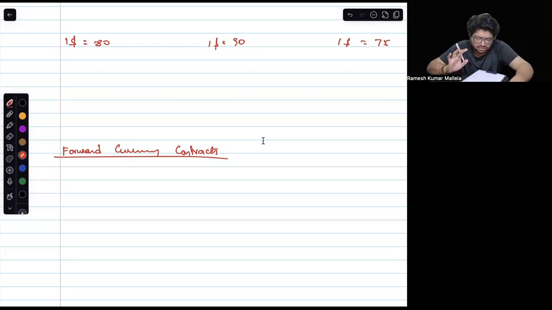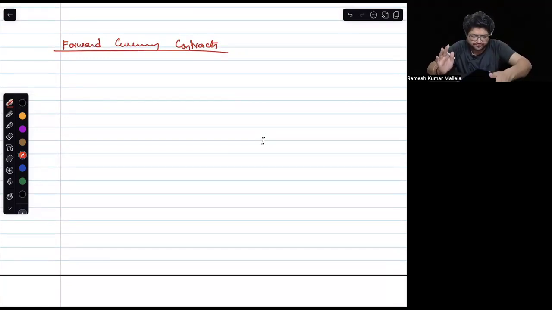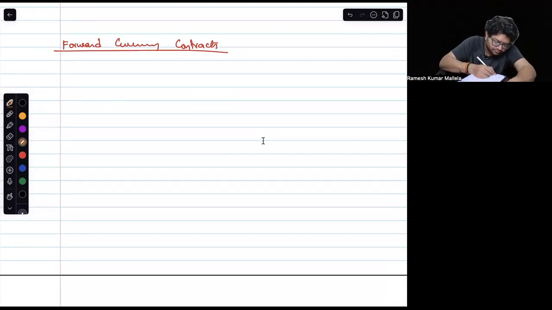Before explaining what forward contracts are, I will give you a very long example. You need to be extremely conscious in observing whatever I am saying. I am a mango farmer.